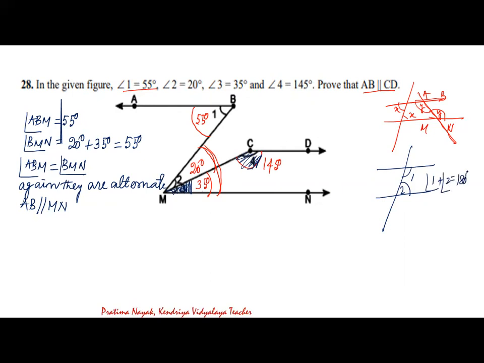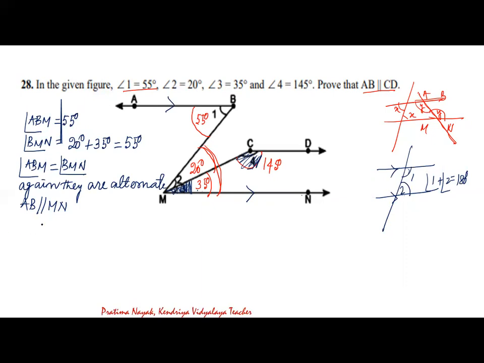In the same way, if the sum of two co-interior angles is 180, the lines will be parallel. So once I proved AB is parallel to MN, now I am going to prove MN is parallel to CD. What logic? 35 plus 145 gives you 180 degrees. Again, they are co-interior angles.